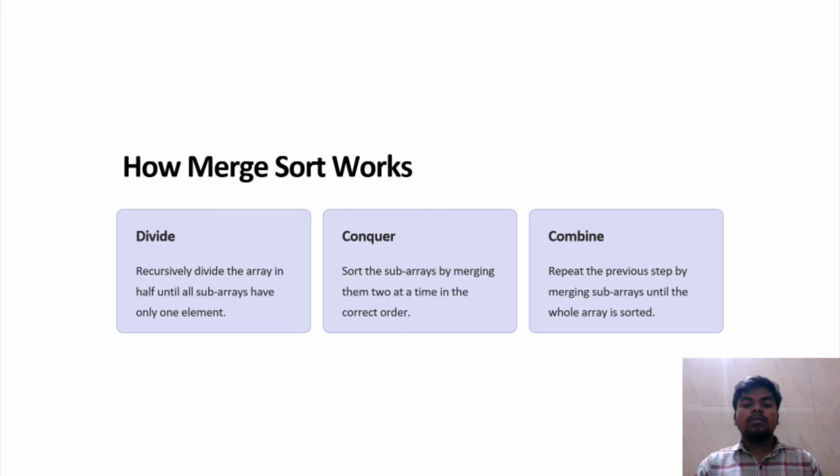In conquer, it sorts the sub-arrays by merging them two at a time in the correct order. Later, the conquered arrays are combined by repeating the previous step, merging the subarrays until the whole array is sorted. This is how divide, conquer, and combine work in the merge sort.